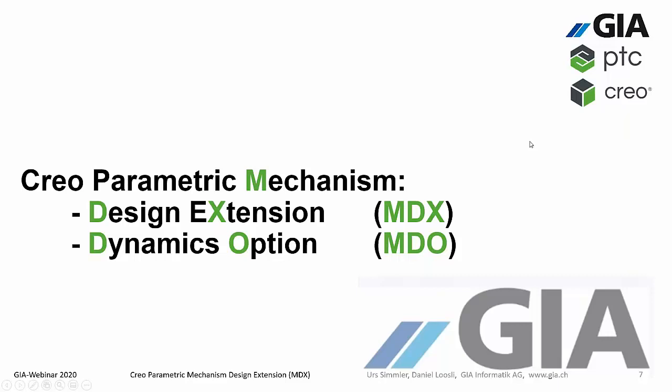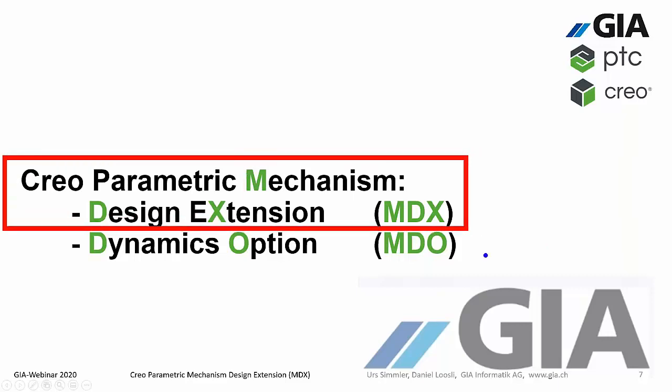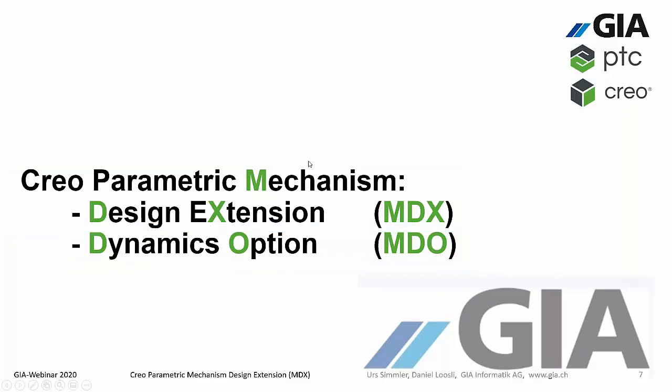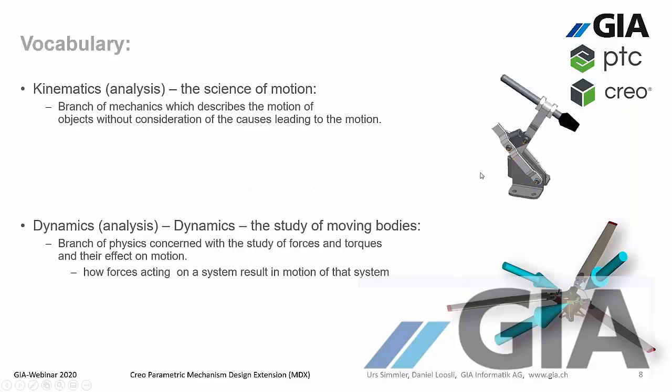Mechanism is divided in two options. The mechanism design extension is included in every Creo Parametric license, and the additional option, the dynamics option, is an additional module. You have to pay an additional license fee for it.